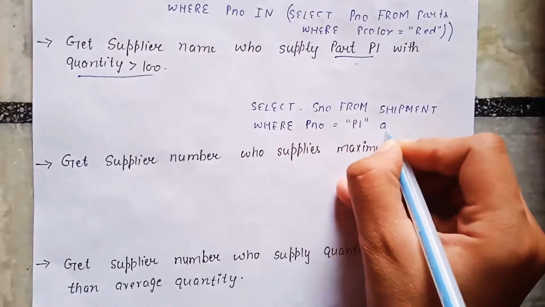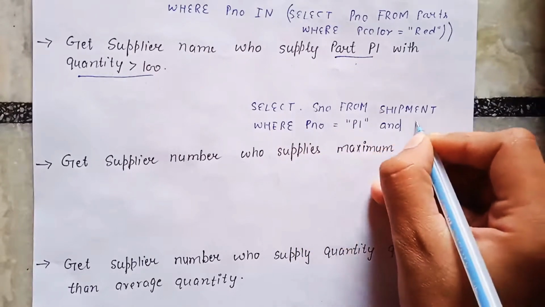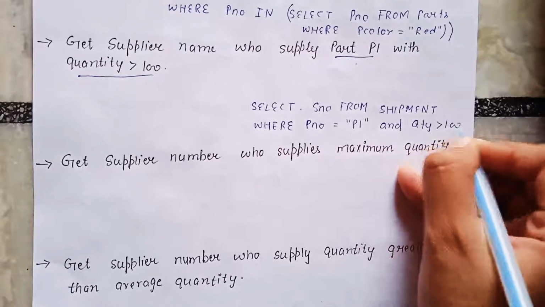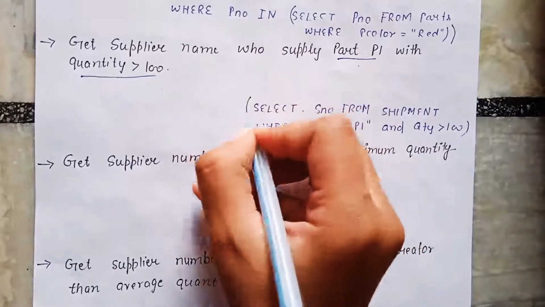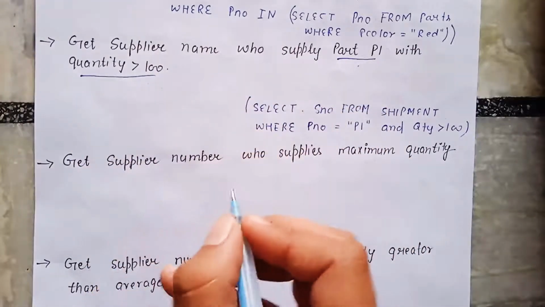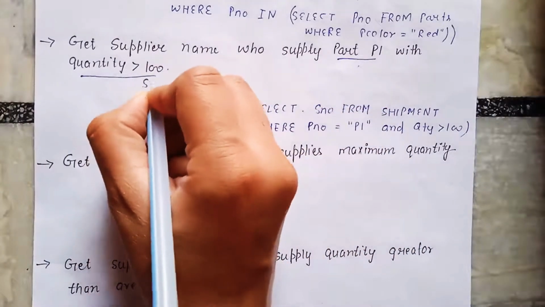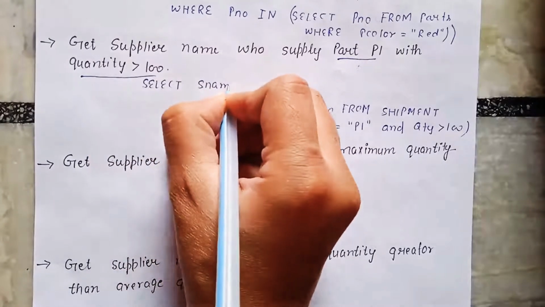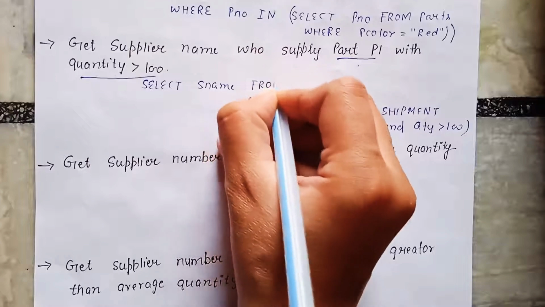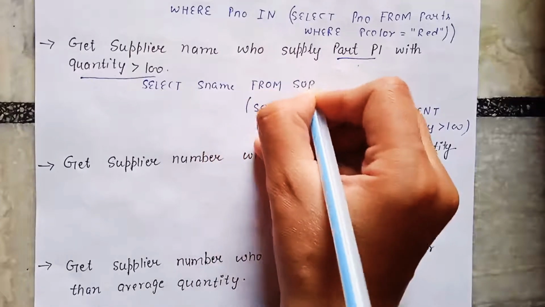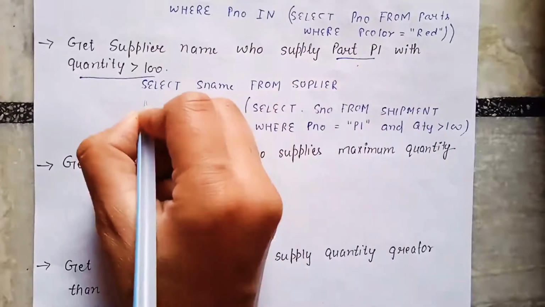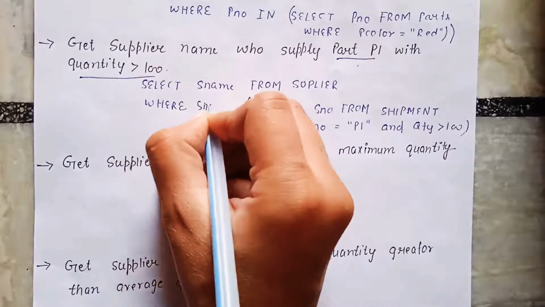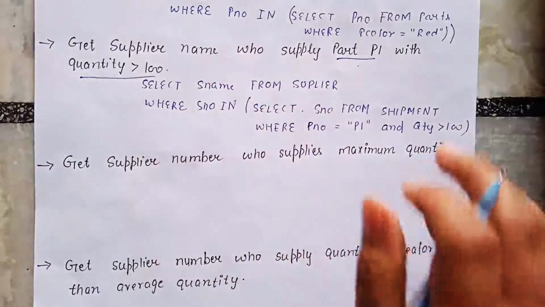And the next condition is that quantity must be greater than 100. Then we'll make use of the result in the supplier table to get the supplier names. So the query would be: select S name from supplier where S number in. Okay, so this is the query.